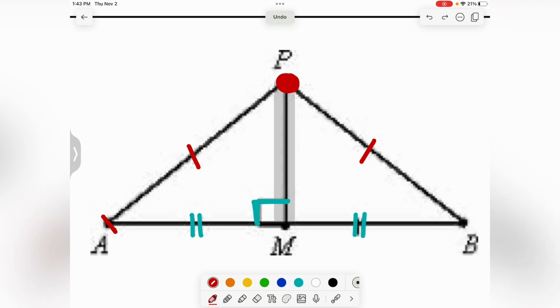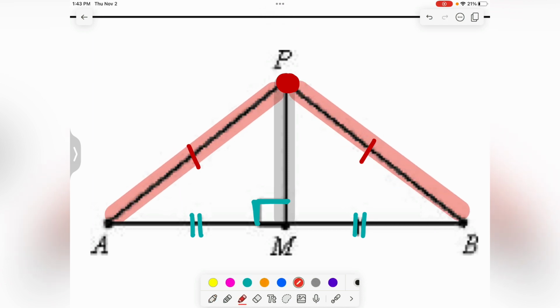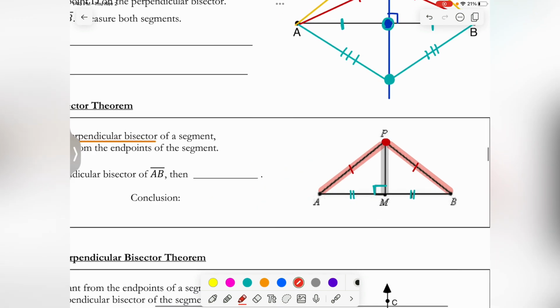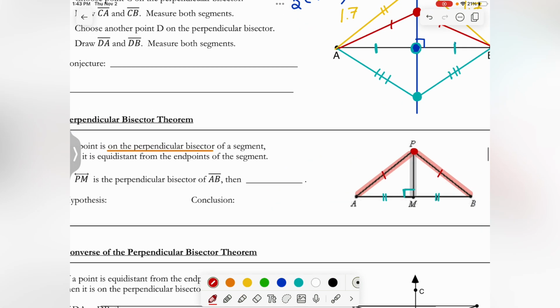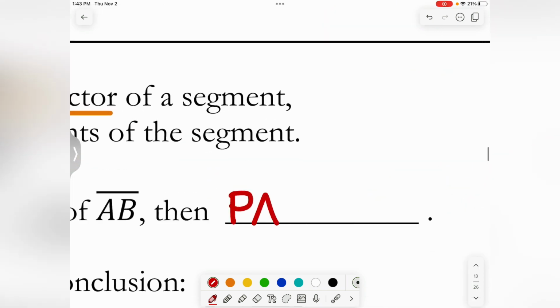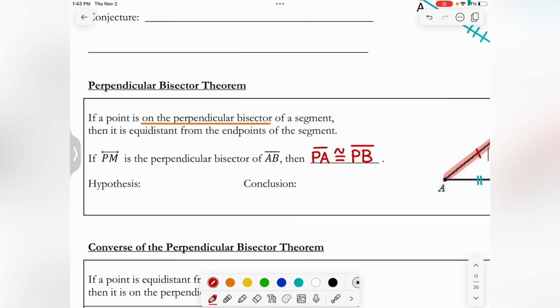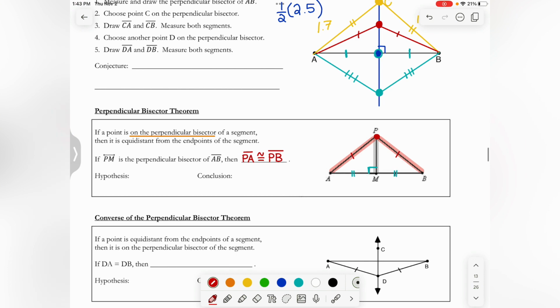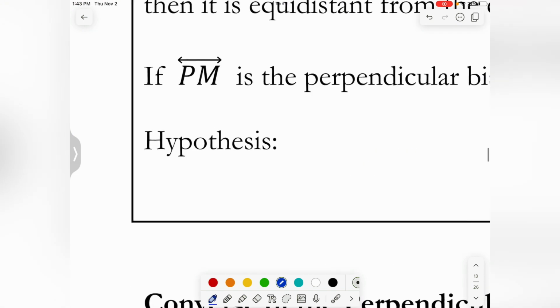So these little segments right here that I'm highlighting, AP, is congruent or the same distance as PB. So PA is congruent to PB. Okay, so what is the hypothesis and what is the conclusion?